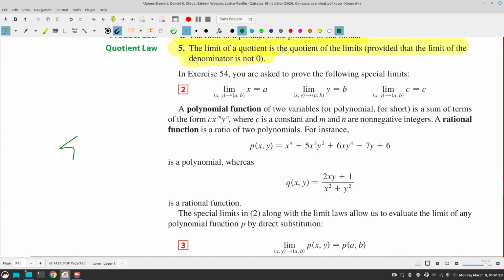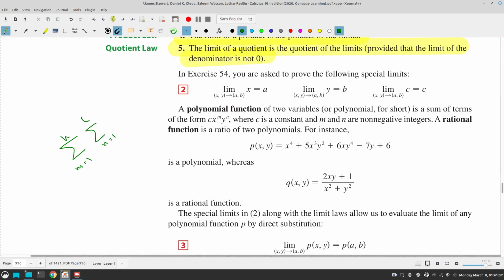So you have the sum with m equals 1 to, let's say, k, and n equals 1 to l, of c_mn x^m y^n. These are the constant coefficients.